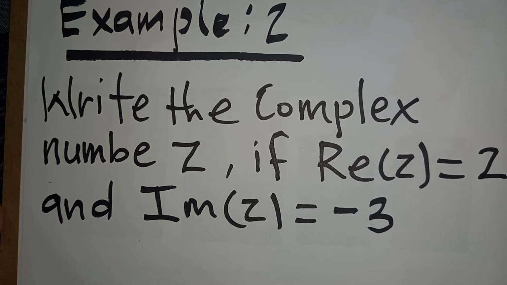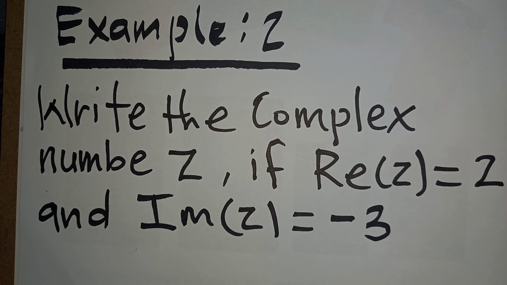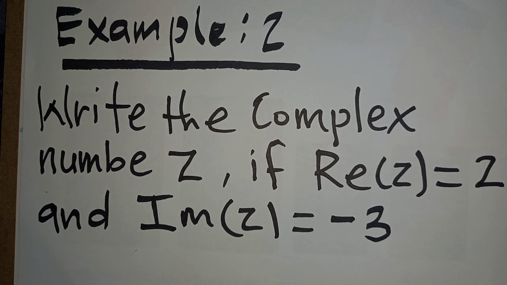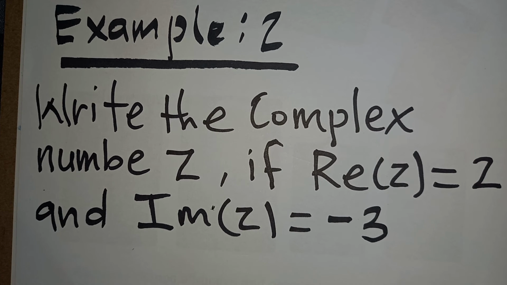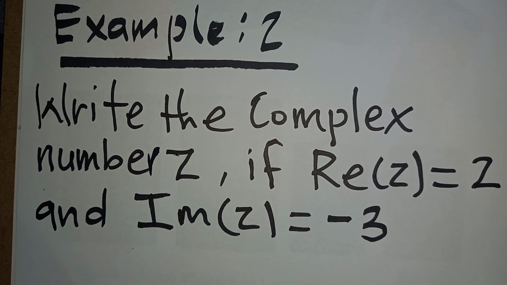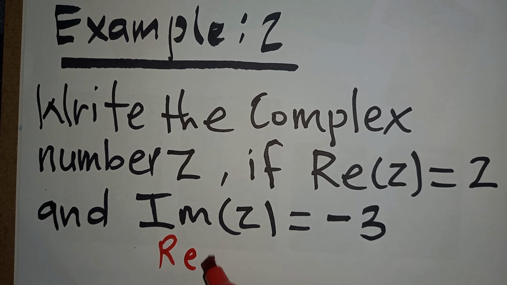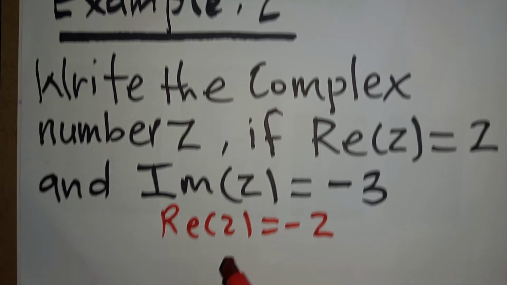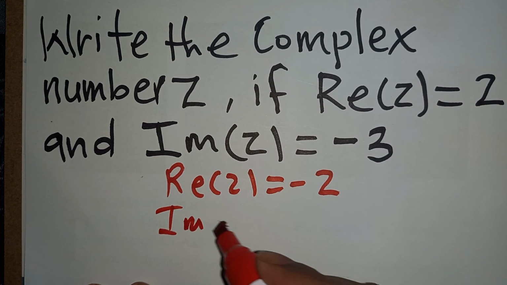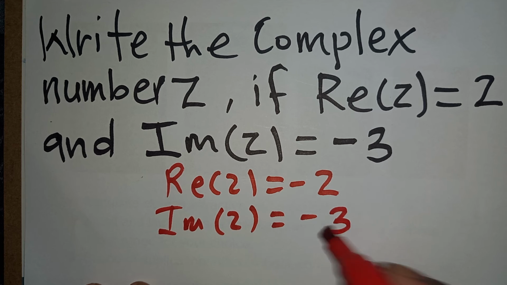Okay, example number 2, this is similar to whatever we have learned previously in the examples above. Here we have to write the complex number. I think I missed the r here. Complex number z, if the real part of z is 2 and the imaginary part of z is negative 3, right? So this time the parts are already given, so our real of z is negative 2 and the imaginary of z is minus 3, right?